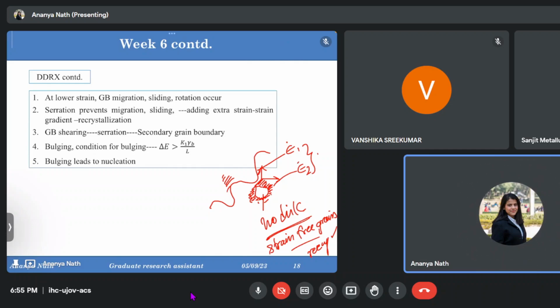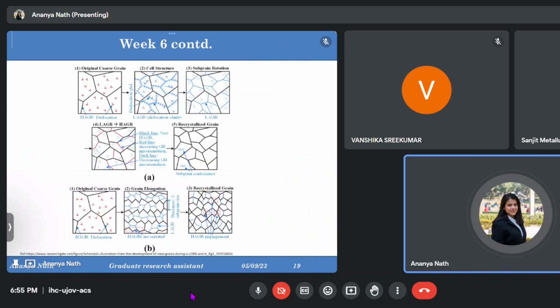So remember one thing. I'll show you in one of my pictures also. Yeah, this picture. So I'm just drawing for your reference. There are unit cells. The unit cells make the lattice.